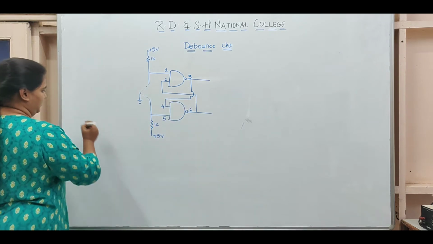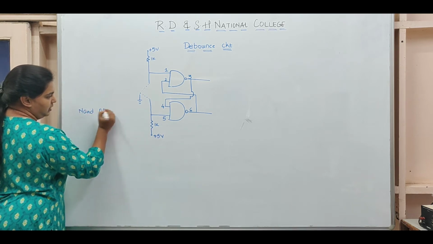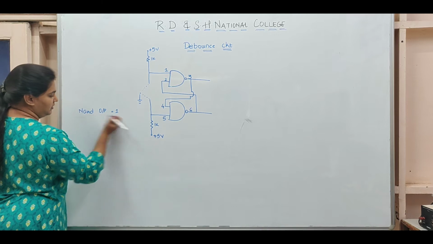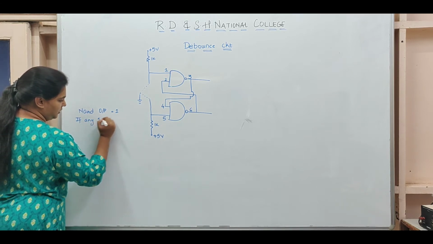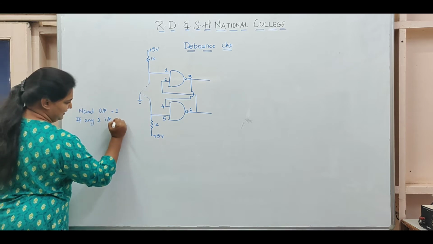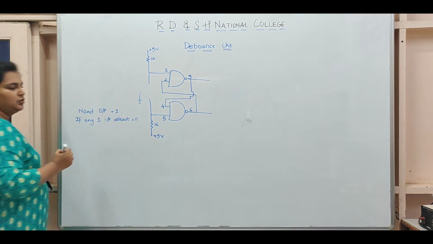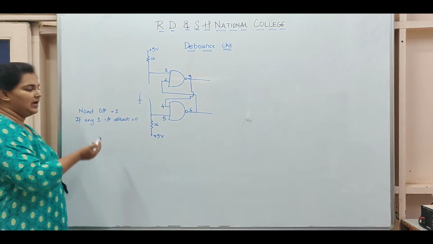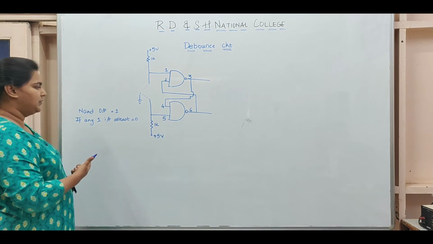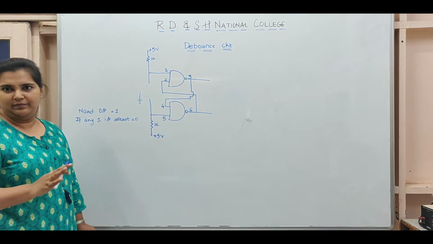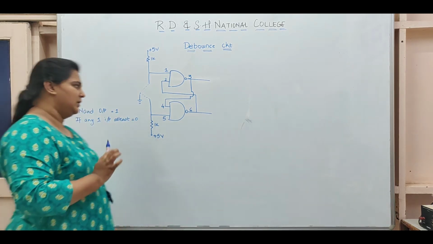For a NAND gate, the output is equal to 1 if at least one input is equal to 0. So how does NAND work? If both the inputs are 0, or even if one of the inputs is 0, the output is high. This high output will be providing our clock to the presettable counter.